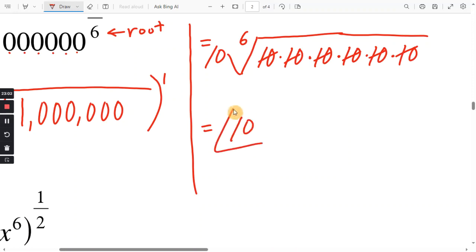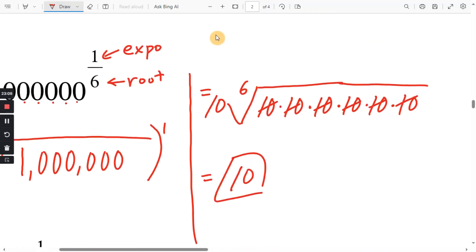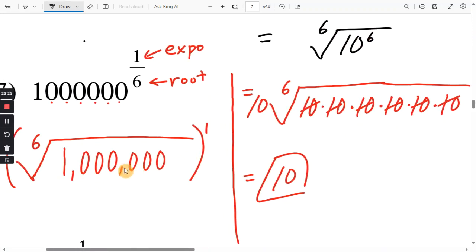So that's basically it. An alternative way to write it, if you didn't want to write 6 tens, is the 6th root of 10 to the 6th power, because 1,000,000 is the same as 10 to the 6th power.